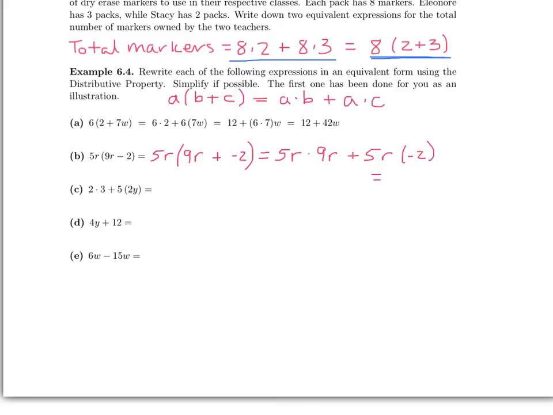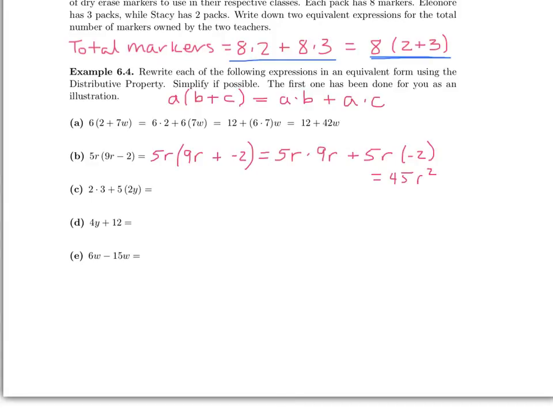Now let's simplify. This term right here is the result of multiplying four quantities together. We have 5 times r times 9 times r. The associative and commutative properties together tell us that we can multiply any two of these together. So we'll multiply the 5 and the 9 together. That will give us 45, and we'll multiply the two r's.